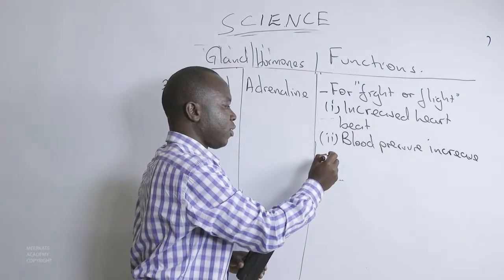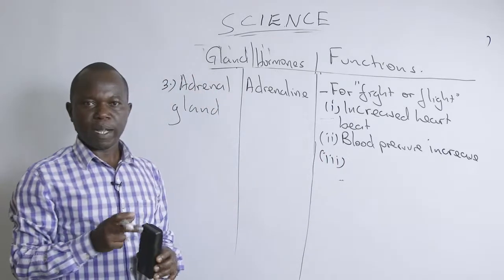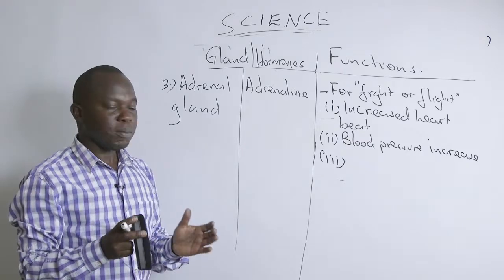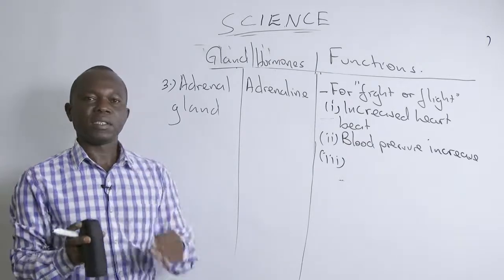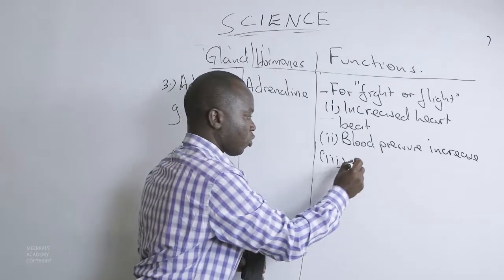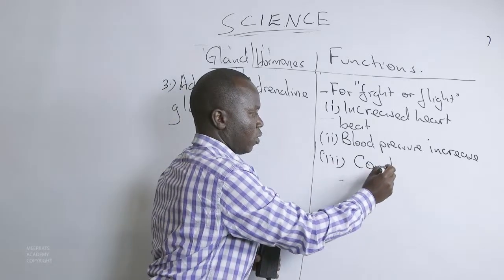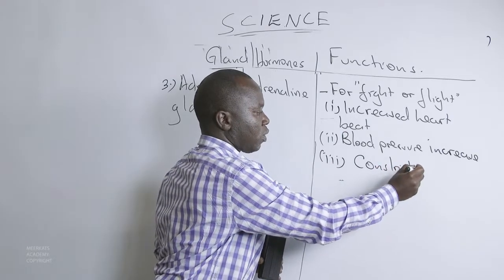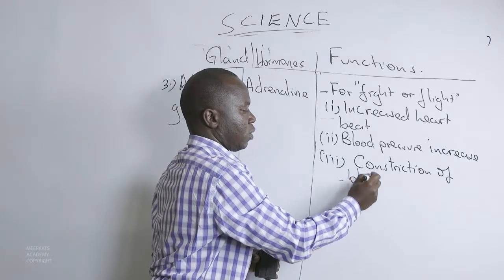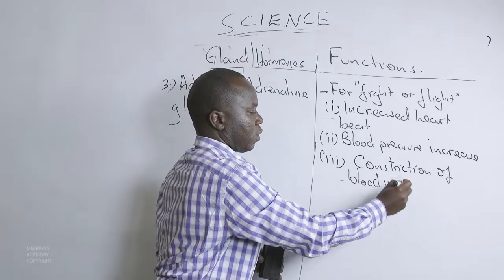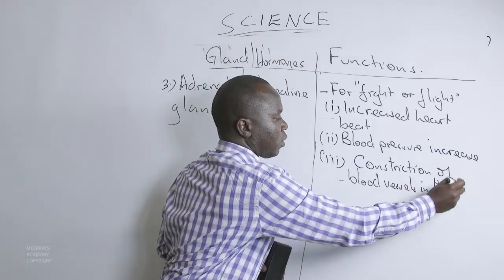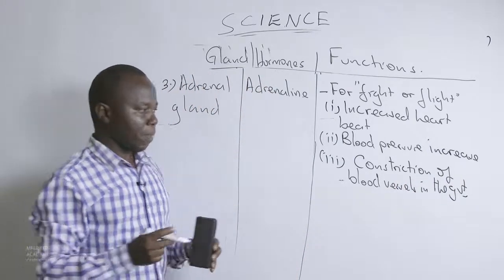We can also have constriction of blood vessels in the stomach region, so that now most of the blood is concentrated into the skeletal tissues. Constriction of blood vessels in the gut region. Why?